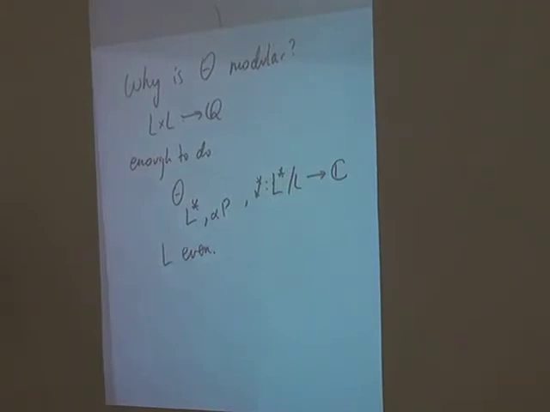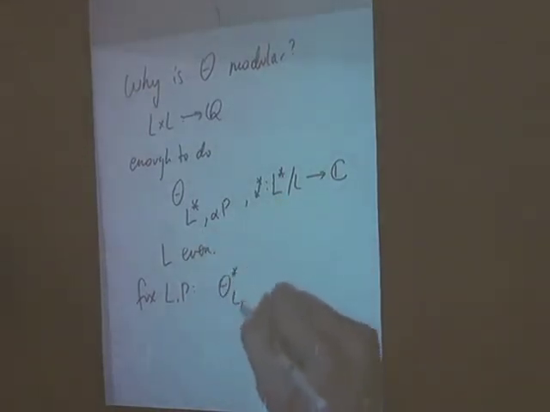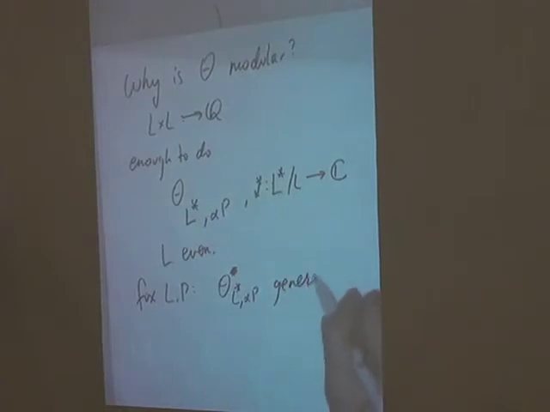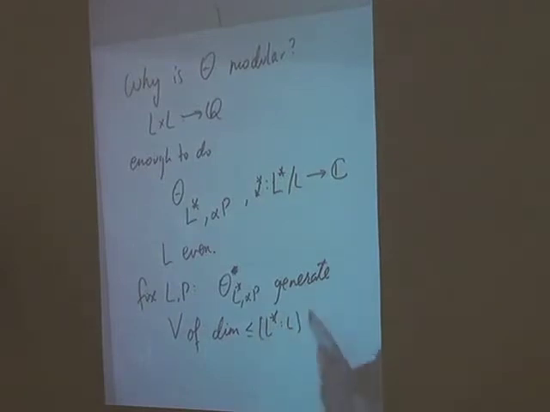And so what happens there is, if you fix L and therefore L star and P and let alpha vary, this is a finite set, so these theta of L stars, as we vary alpha, generate a vector space V of finite dimension, in fact of dimension less than or equal to, usually less than, the index of L in L star, which is to say the discriminant.